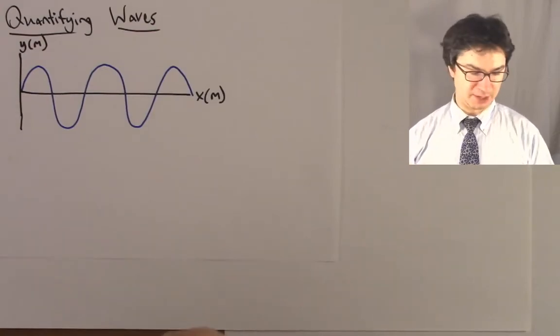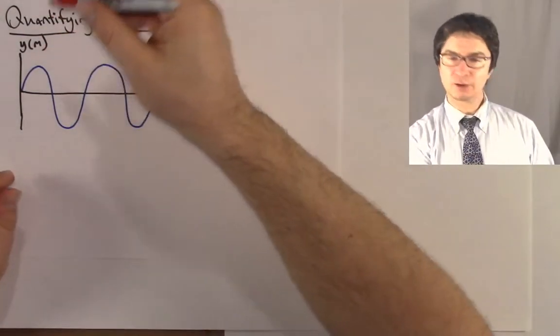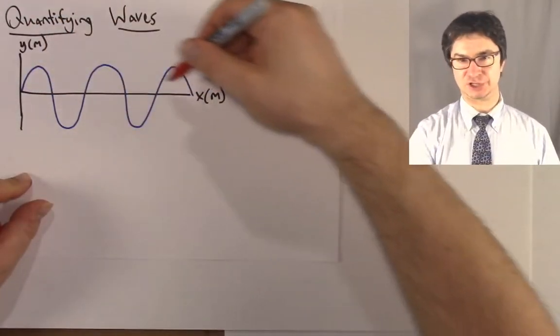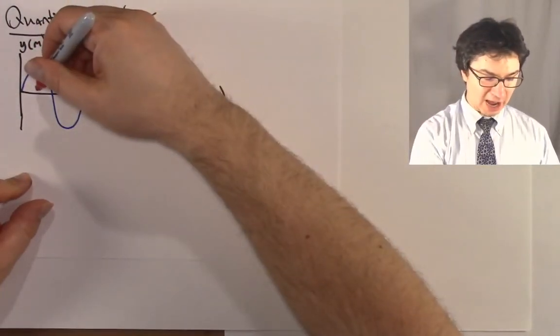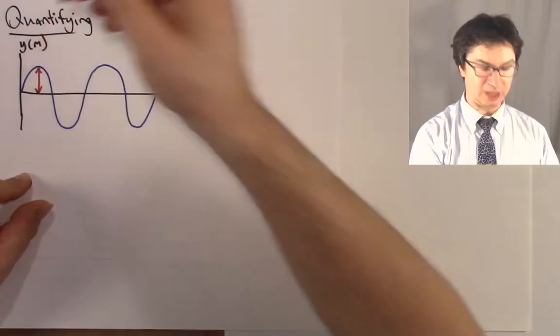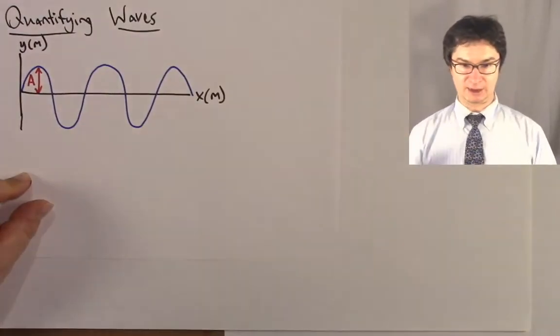Now the first thing we want to measure is what's called the amplitude. The amplitude is what you might call the height of the wave. From the x-axis here, which we might call the equilibrium position on the wave, how far above the x-axis does the wave go? We call this the amplitude A, okay?